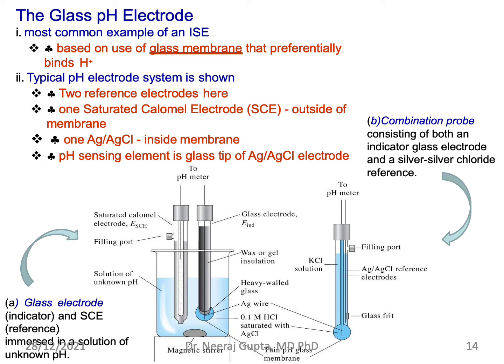A typical pH electrode system is shown here in this diagram. There are two reference electrodes here: one saturated calomel electrode outside of the membrane, one silver chloride electrode with a silver chloride layer inside the membrane, and a pH sensing element.